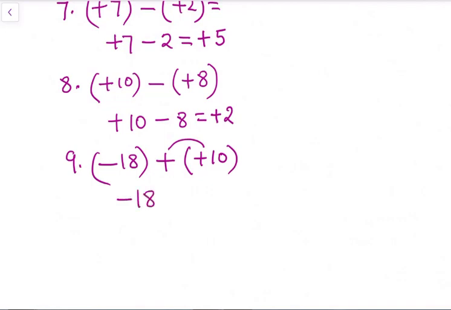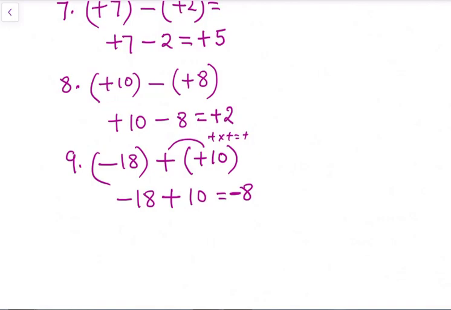So we have minus 18 plus 10. Again, we want to exercise caution here. You are owing 18, but you have 10. If you pay all the 10 that you have, you will still be left with a debt of 8. So it will be minus 8.